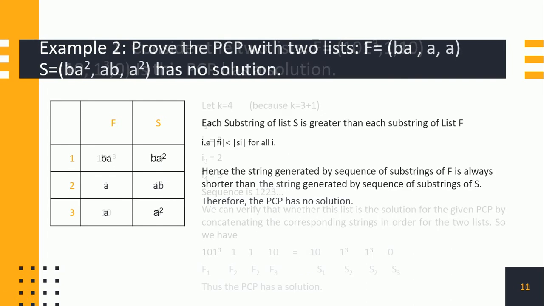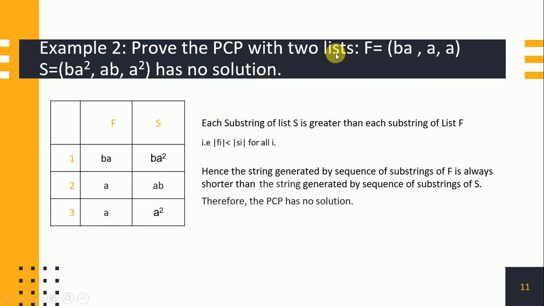Second example. Prove that the PCP with two lists F equal to BA, A and S equal to BA squared, AB, A squared has no solution. You can see clearly that all the elements of F are shorter than the elements of S. So each substring of list S is greater than each substring of list F. That is, Fi is less than Si for all i.